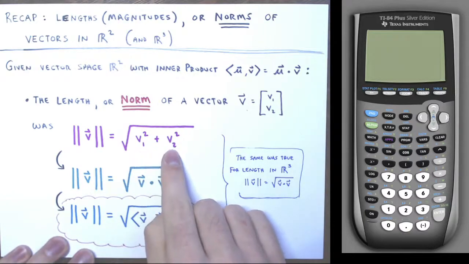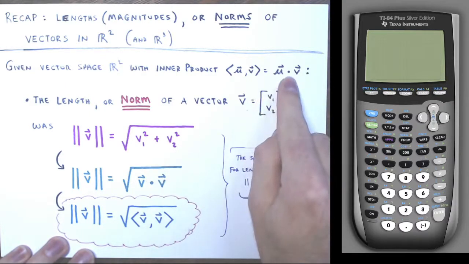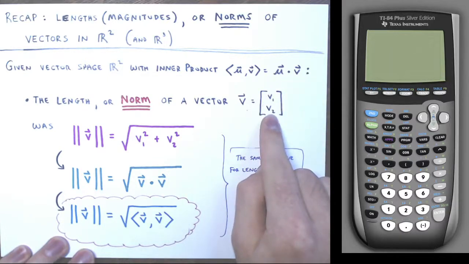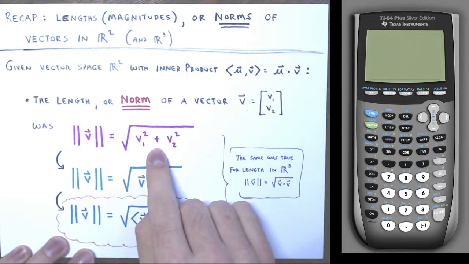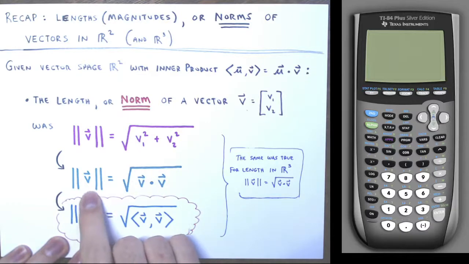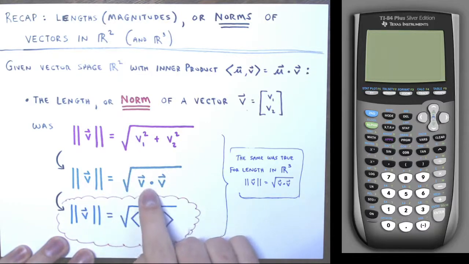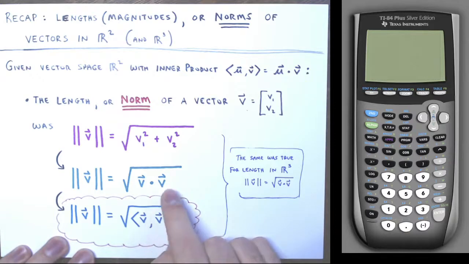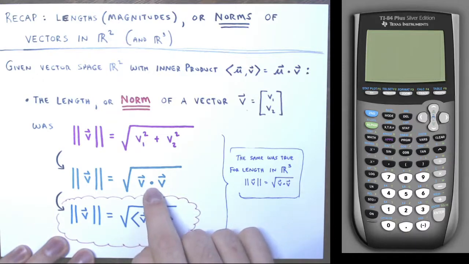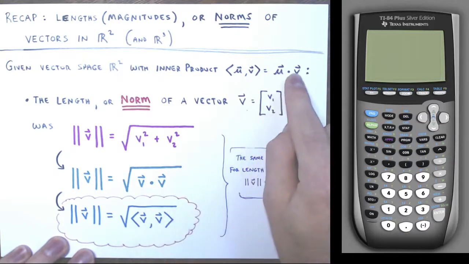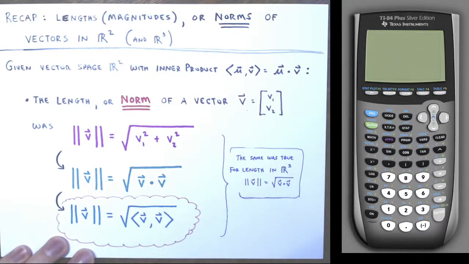Well, the sum of the squares of the components, if I'm using this inner product on R2, that's just the dot product of the vector with itself. So another way of expressing this norm of v is the square root of the dot product of v with v. Remember, I said the dot product is an inner product on R2.